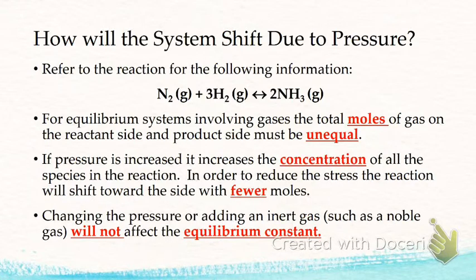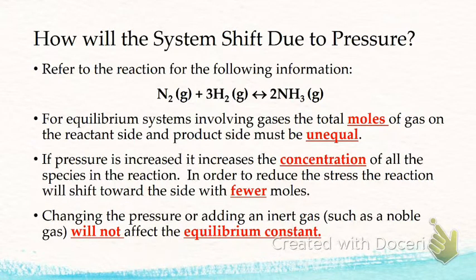It will not affect the equilibrium constant. The noble gas or inert gas, the same thing, have no change on the system at all. Now, changing the pressure might affect the equilibrium position, but it will not affect the overall constant. It just causes it to shift until equilibrium is reestablished.